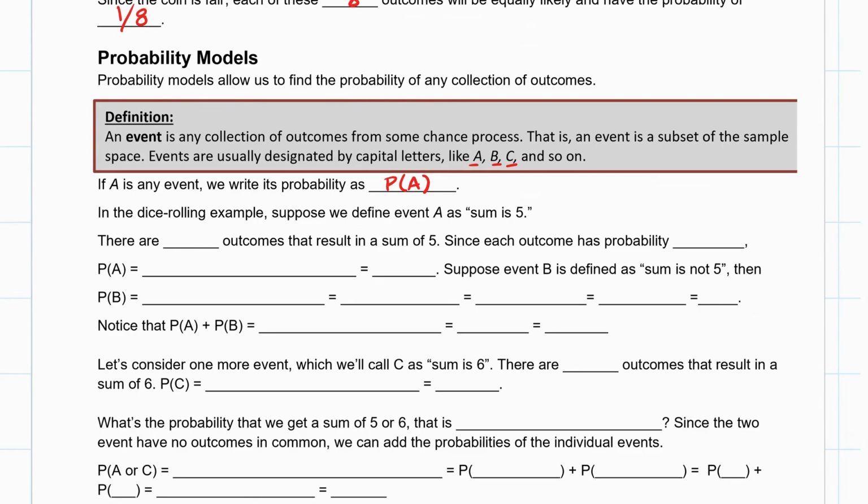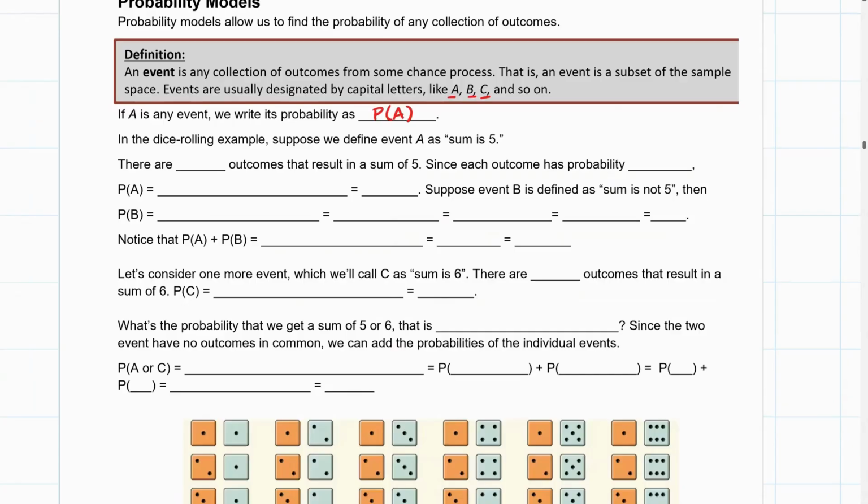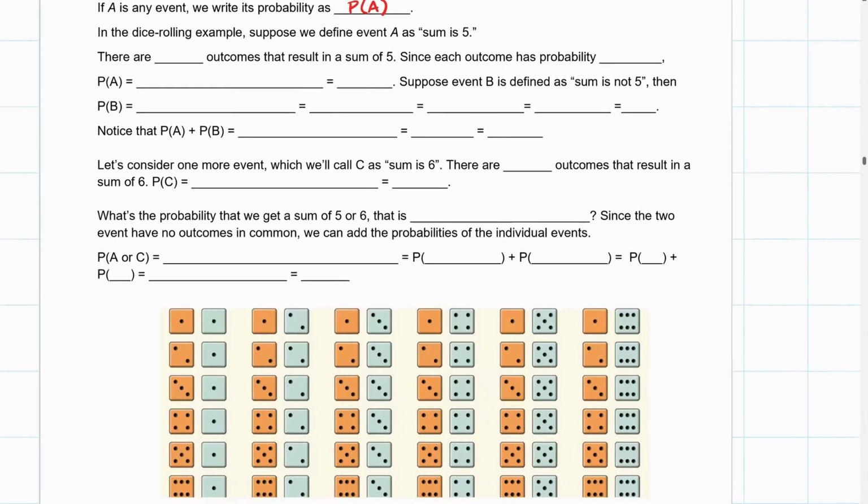In the dice rolling example, suppose we define the event as the sum of the two dice is 5. How many different outcomes are there with a sum of 5? Well, we've got the 4 and the 1, the 3 and the 2, the 2 and the 3, and the 1 and the 4. There are four possible outcomes where the result is 5.